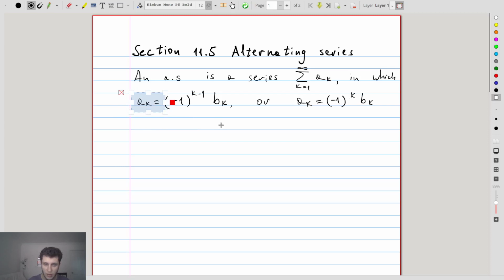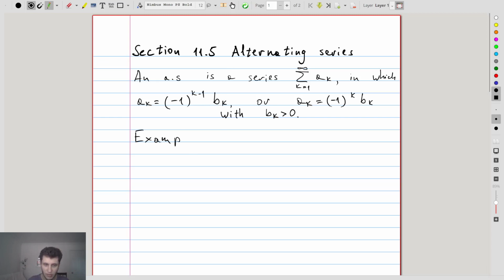Both of these forms must hold with b_k's strictly positive. So what this is saying here is that we have signs of our terms change back and forth between plus and minus, and the absolute value b_k must be strictly bigger than 0.